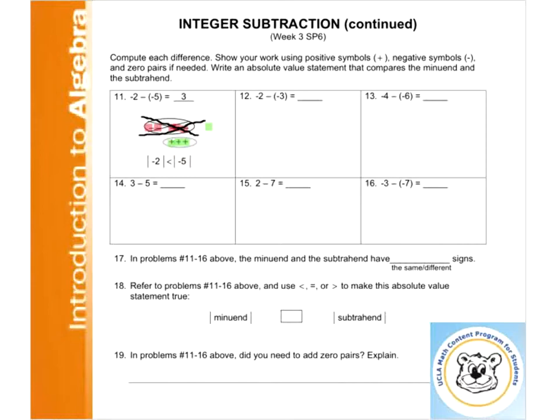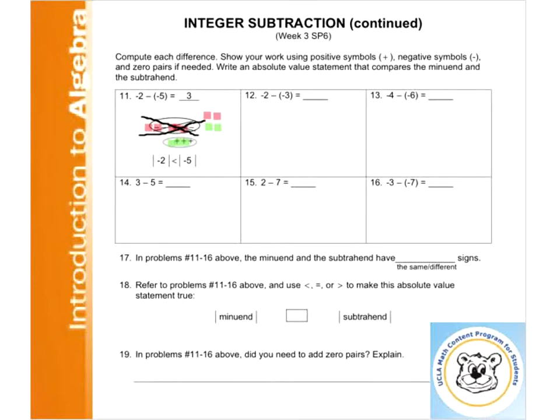And that's okay. I think if students get more practice, they'll be more efficient in building their zero pairs. It doesn't change the result. We still have 3 positive markers for a result of 3. All right, so take some time to do a couple of these problems. Maybe do number 12 and number 13, and then we'll talk about these.